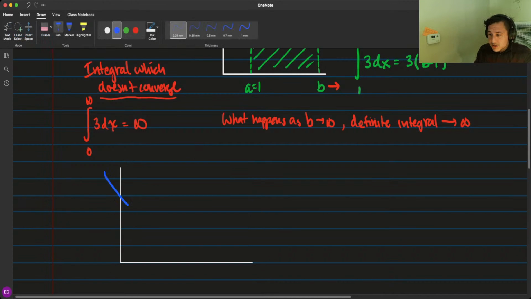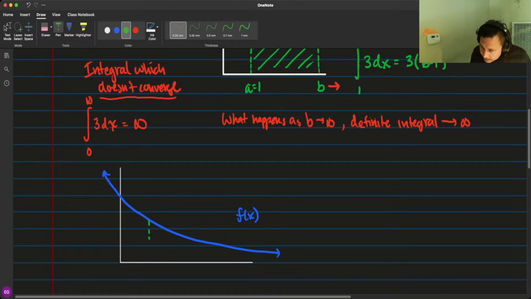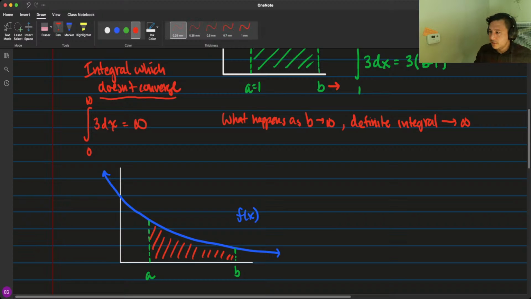You're going to need a function that does this or something like it. Here's the a where you're starting from, and you're integrating over to b. And then you start asking yourself, well, what if I was to just integrate from a to infinity?